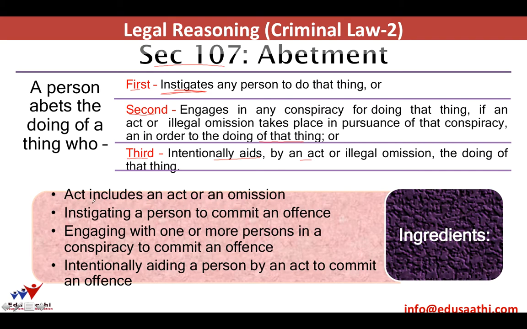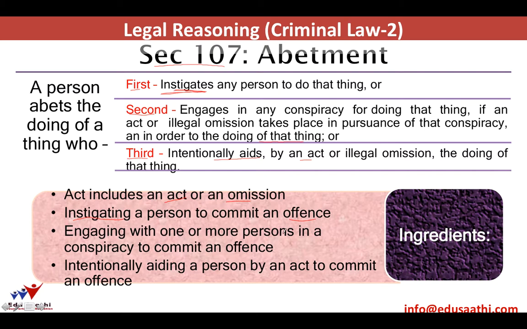So let's understand the ingredients. An act includes an act or omission. It can be an act done or an omission to do a certain act. Second is instigating a person to commit an offense. You are influencing or persuading a person to do a certain offense or crime.